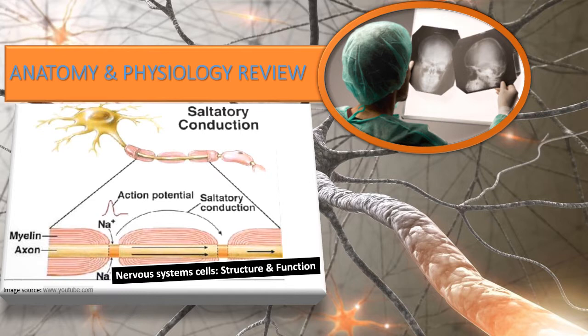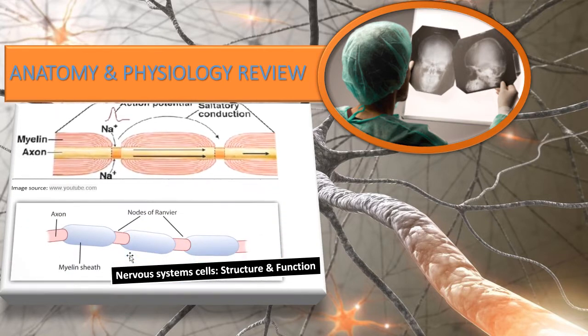A little more on myelinated axons. We know myelinated axons have gaps in the myelin sheath that we call the nodes of Ranvier. The enlarged distal end of each axon is called the synaptic or terminal knob, and each neuron produces specific neurotransmitters.